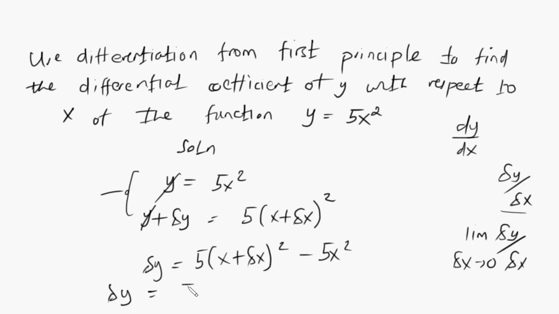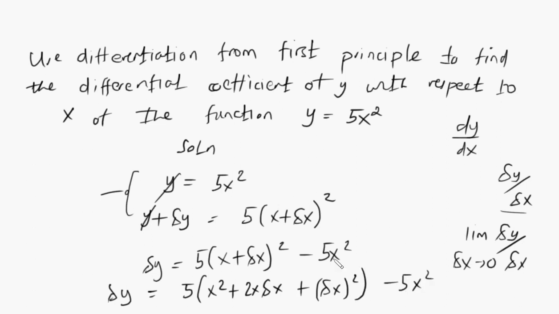It's just going to be equal to 5 times the bracket; nizidishe hiyo ndani kwanza kabla sijaingiza whatever. So this one is just x squared plus 2x delta x plus delta x squared minus 5x squared.